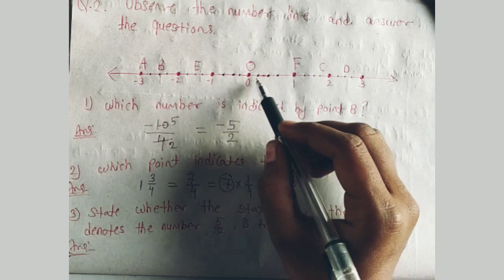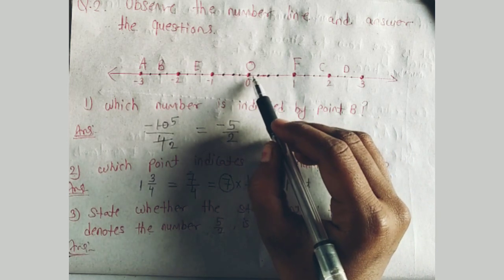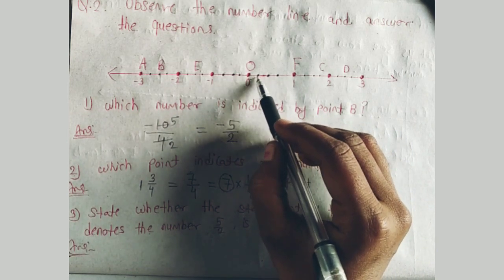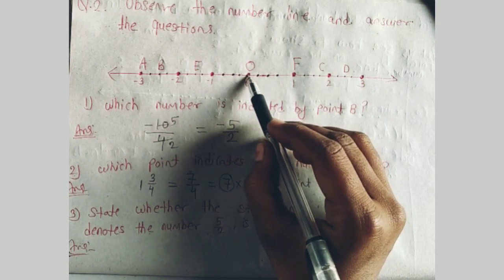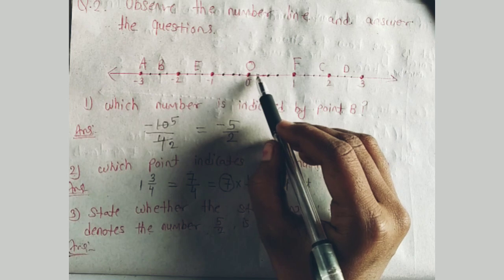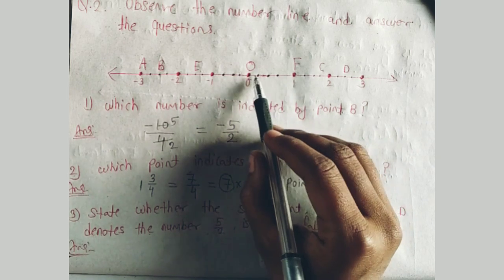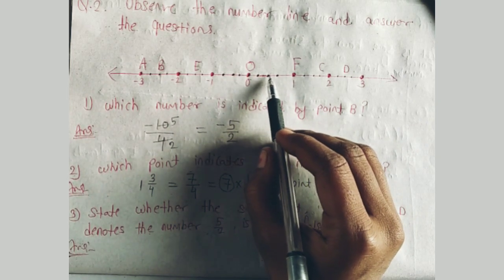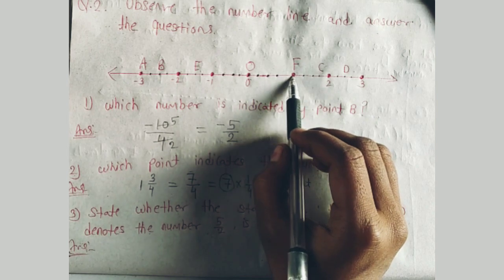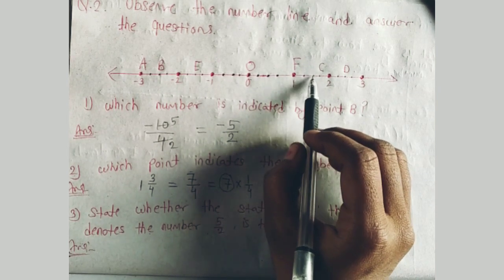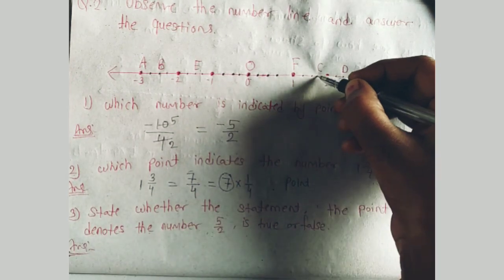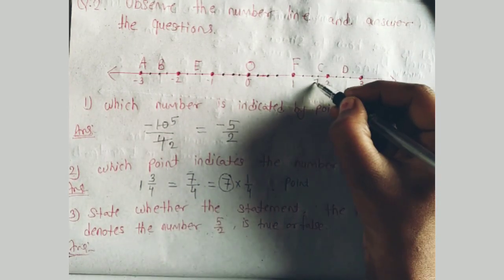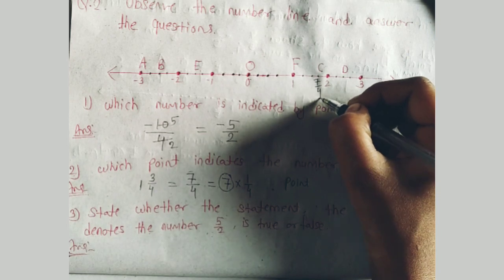The number 7 from the 0. Now start counting from the right side of 0 and stop at 7: 1, 2, 3, 4, 5, 6, 7. 7 is somewhere here, which means 7 by 4 is here.